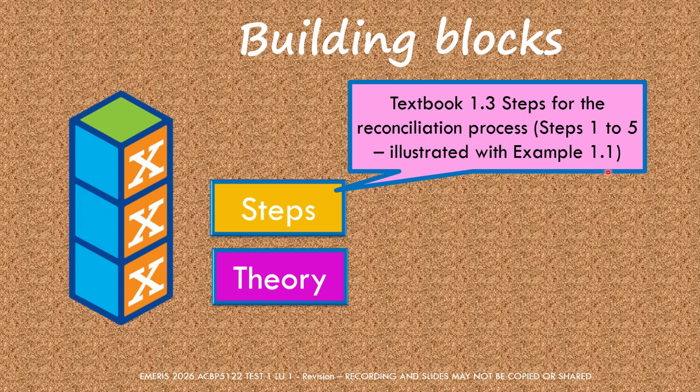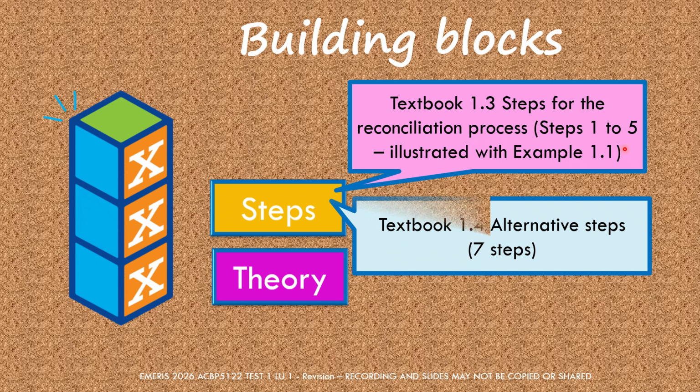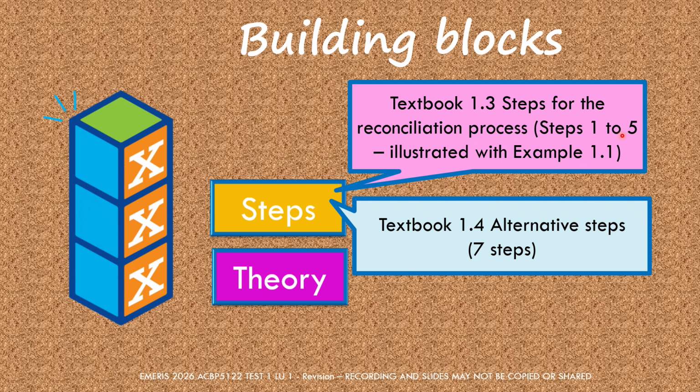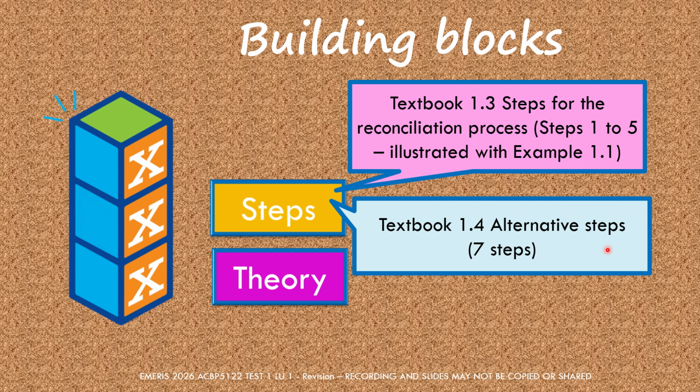So this is a really good example to work through as part of your preparation. And then also in section 1.4 of the textbook, they provide you with 7 steps. They sort of overlap, so it is the same steps in both, but they've just structured them differently.